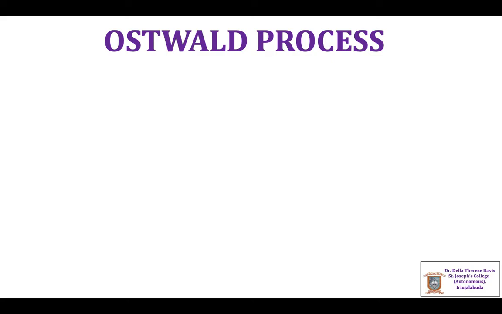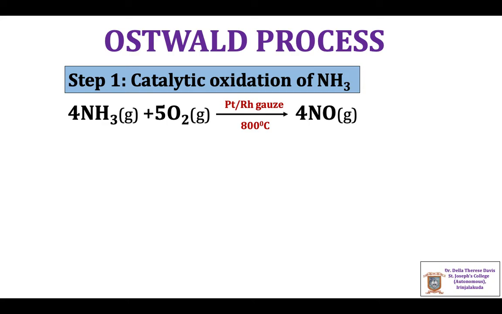In industry, nitric acid is manufactured by Ostwald's process. It involves three steps. Step 1 is the catalytic oxidation of ammonia by atmospheric oxygen to give nitric oxide.